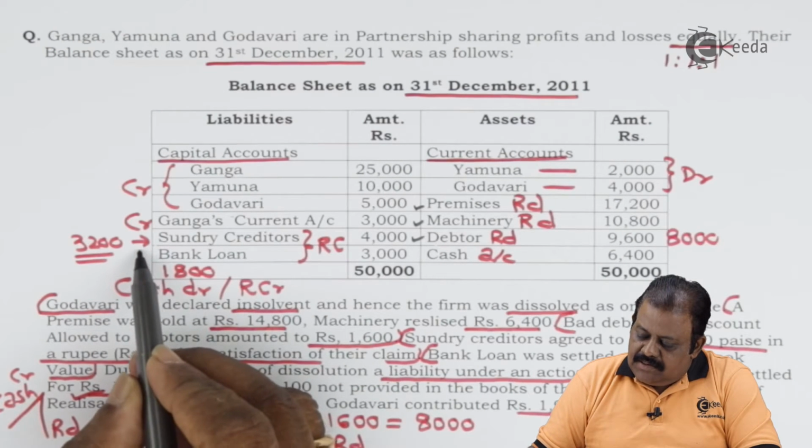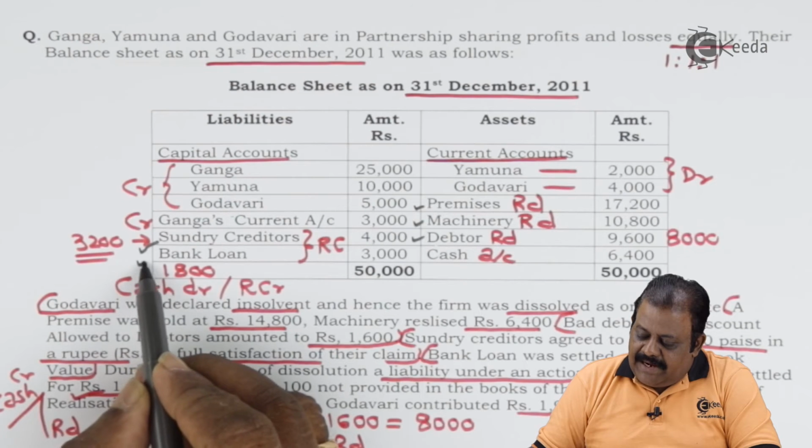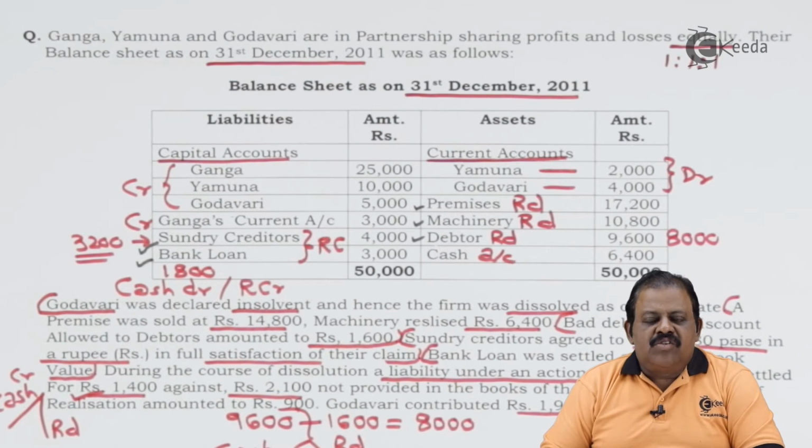Liability side, sundry creditors and bank loan, these two items will be transferred to realization account on credit side.